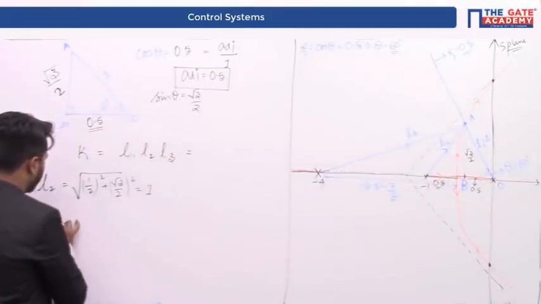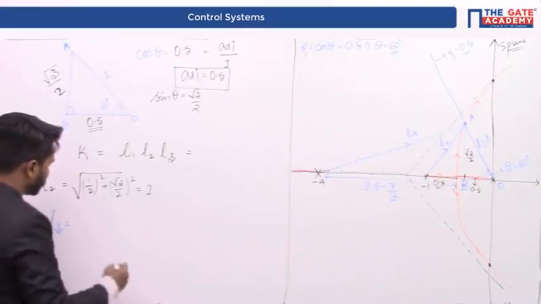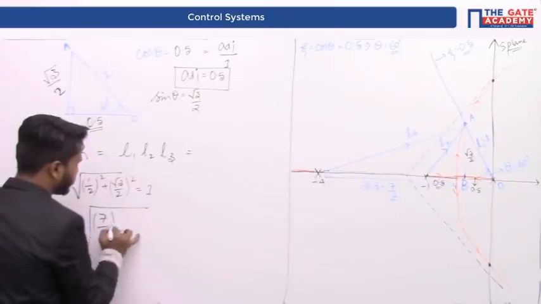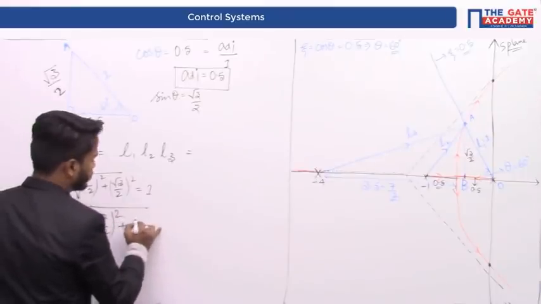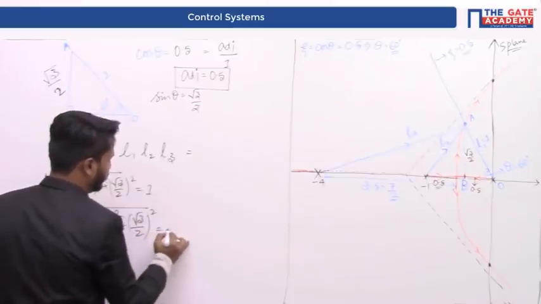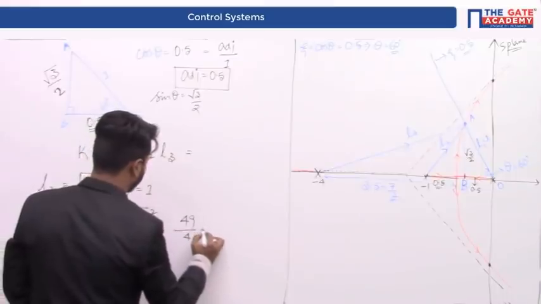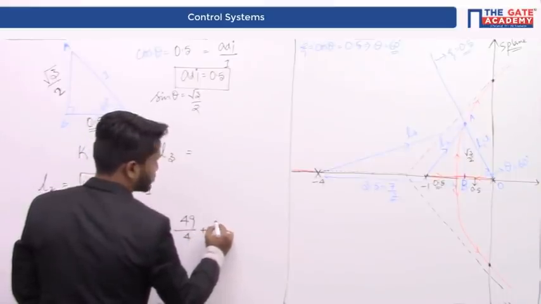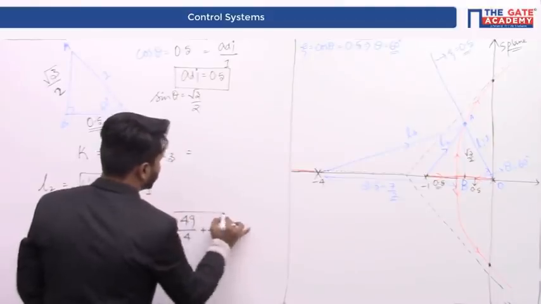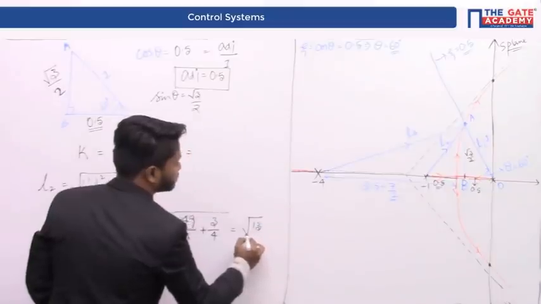Therefore L3 is equal to under root 7 by 2 whole square plus root 3 by 2 whole square, that is equal to 49 by 4 plus 3 by 4. You'll get this value as root 13.